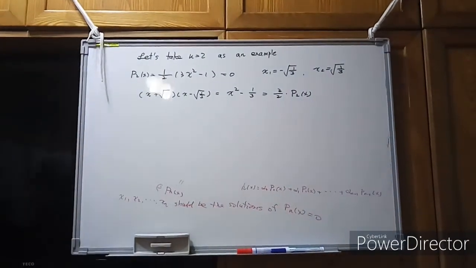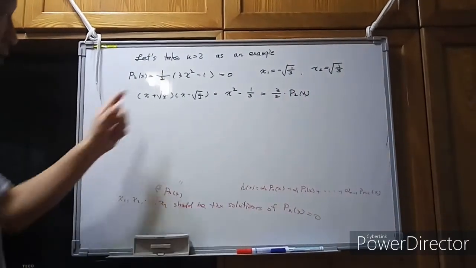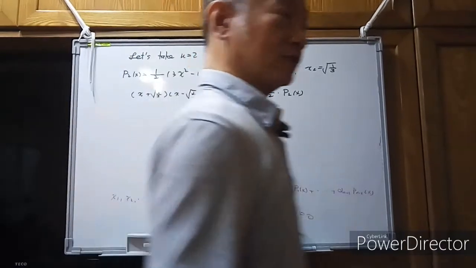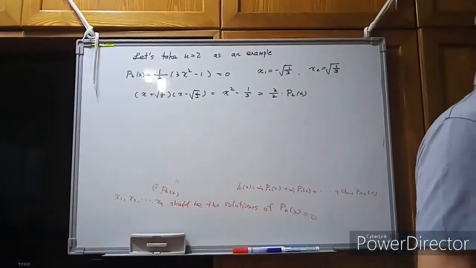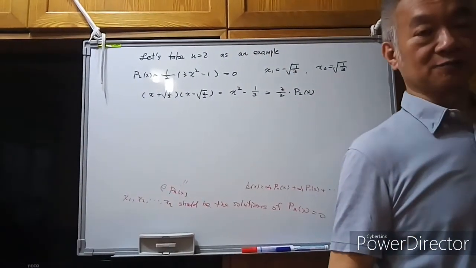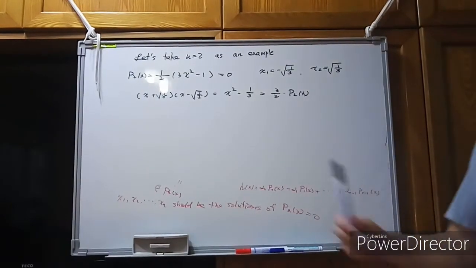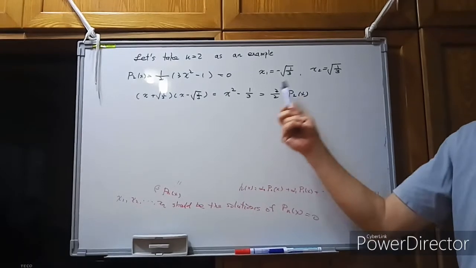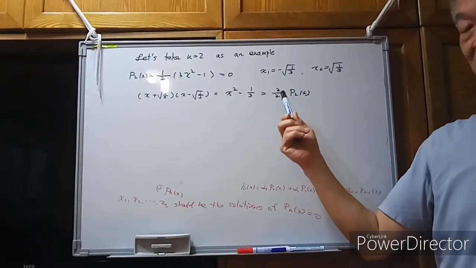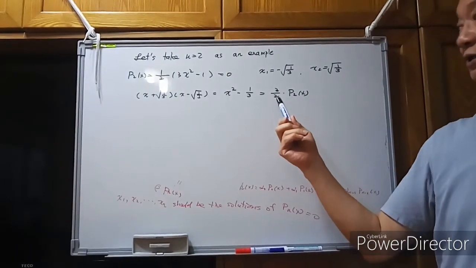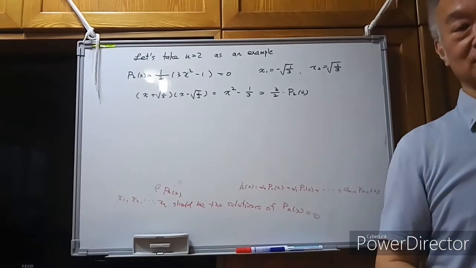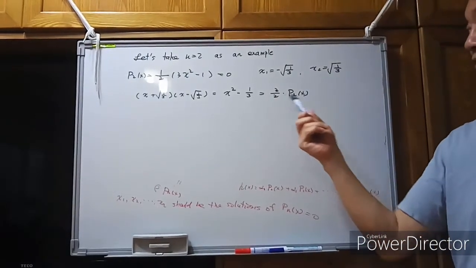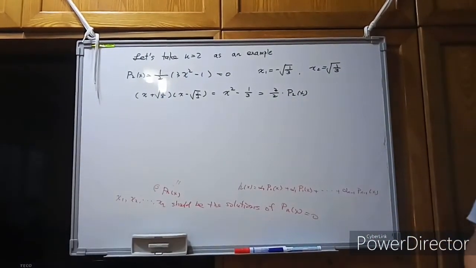Okay, so if we use the x1 and the x2, they are the solutions of the P2 of x equal to 0. Then if we multiply these two terms together, you will get a constant multiplied by the P2 of x.